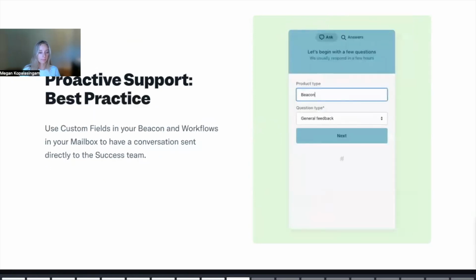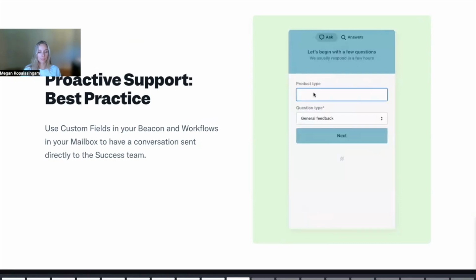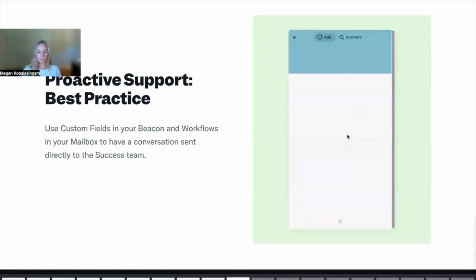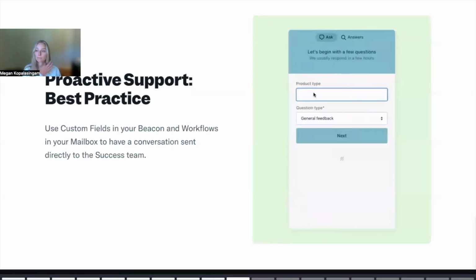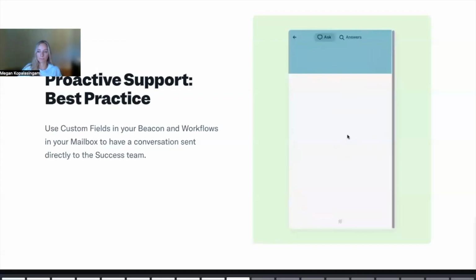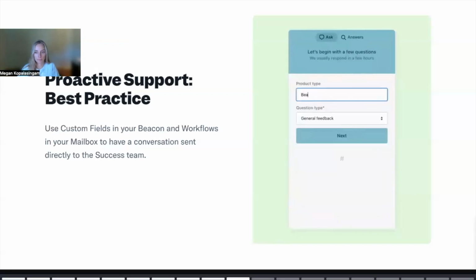And so let's say we think about chat, we think about those help articles. But one unorthodox way to offer more proactive support is to have your beacon open up to the contact form from a message. And then you can use custom fields to more quickly get that question to the right team.